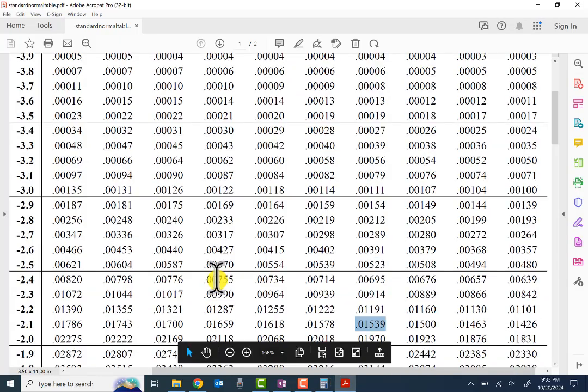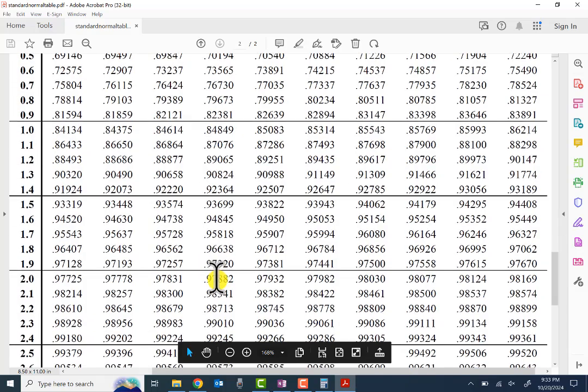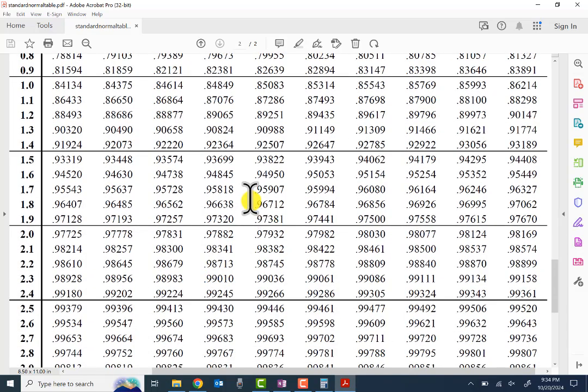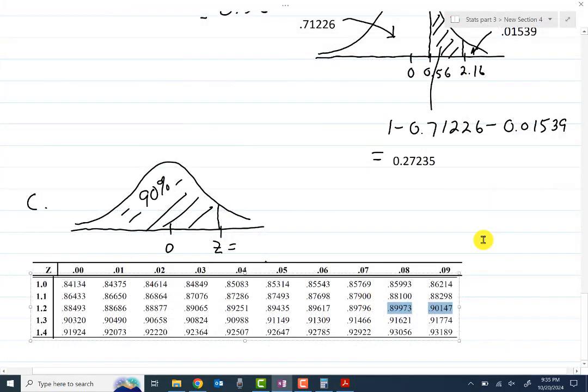Let me go ahead and pull it up. I'll go to the positive side because you know it's going to be on the positive side. And let's see where we're at. 0.9. Right here we are, between these two values. All right, I have the relative part of the table that I want.